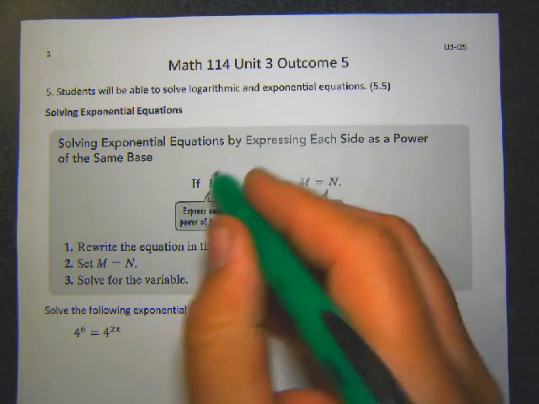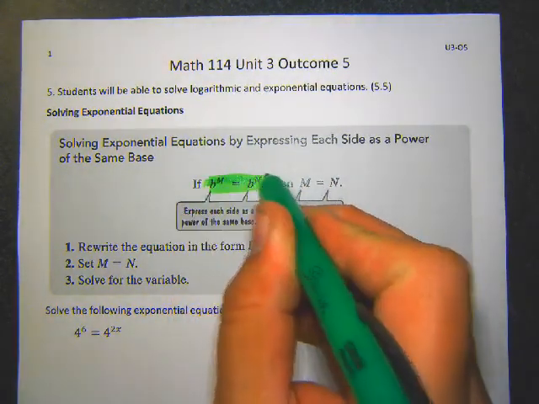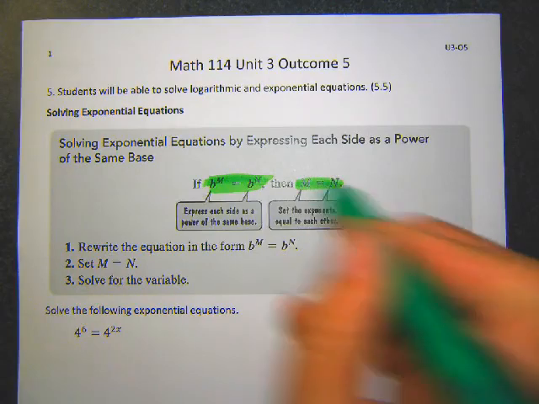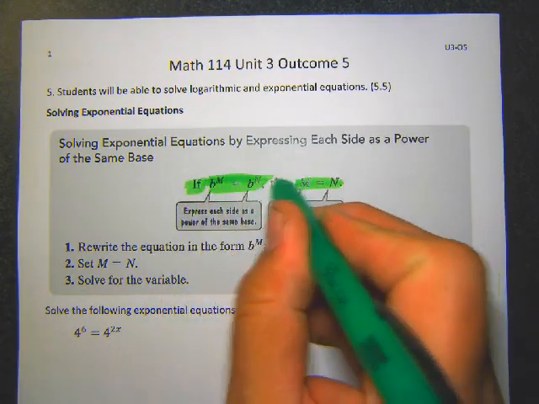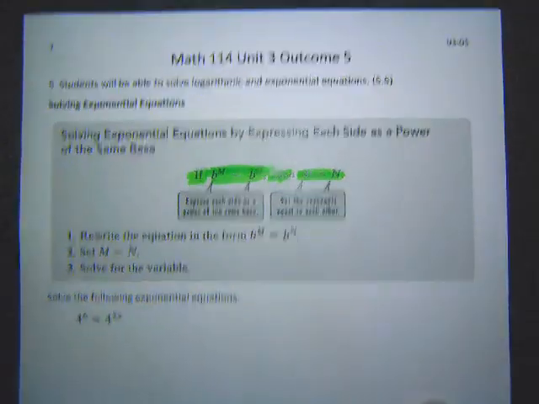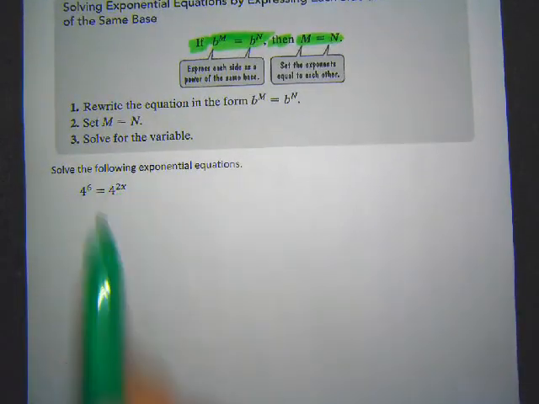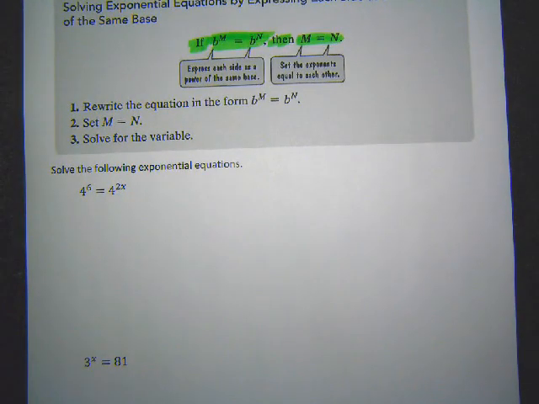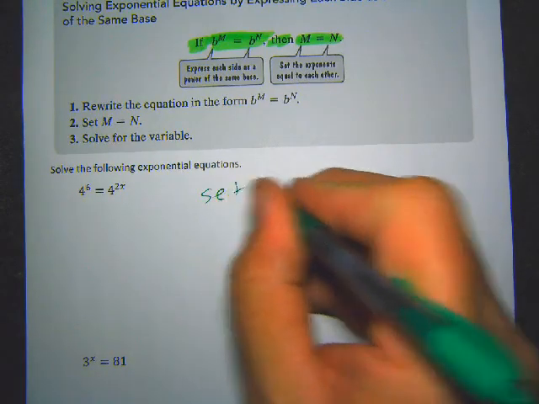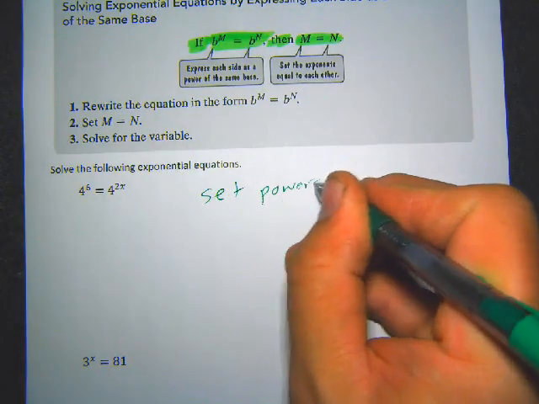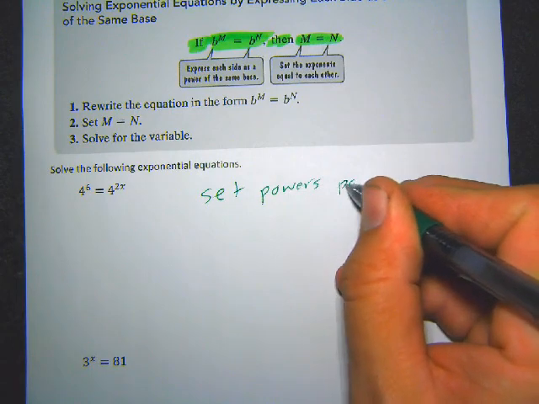So we can take an equation that has powers like this and note that since the bases match, we can just set the powers equal. For this equation to be true, the powers have to be equal.